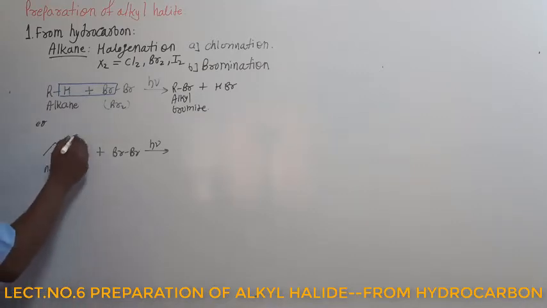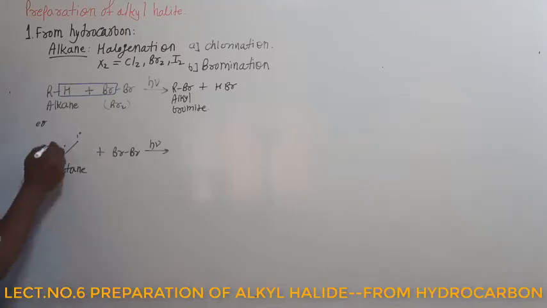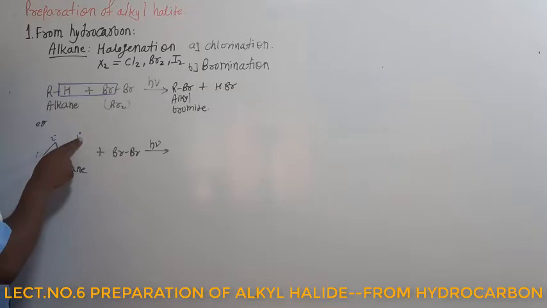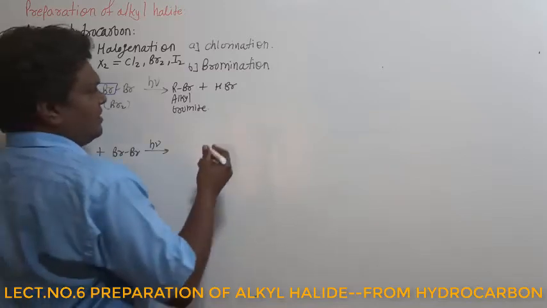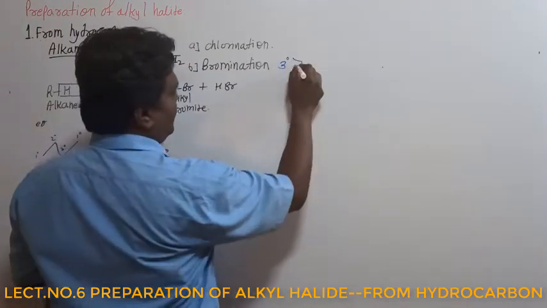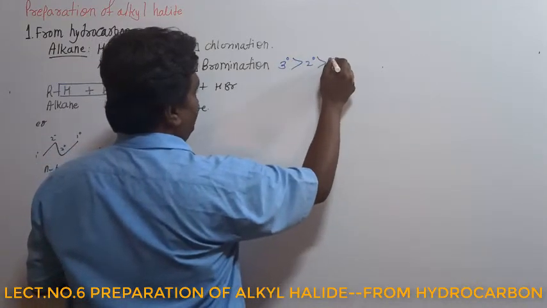Now this carbon atom is a primary carbon atom. This carbon atom is a secondary carbon atom. This is also a secondary carbon atom. This is a primary carbon atom. Now what happens is this. The bromine atom is going to replace a hydrogen atom of a primary or a secondary carbon atom. Remember one thing in bromination. The carbocation prefers tertiary, then secondary, and then primary.